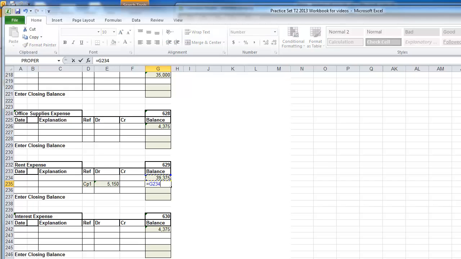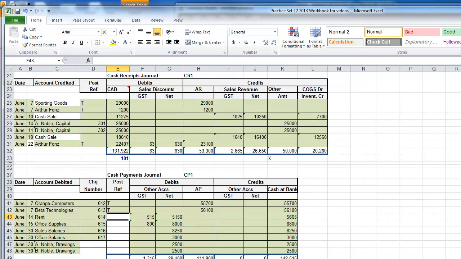So our rent was nearly 40,000 before the month, we paid another 5, so it'll be nearly 45,000, well 44.5. The date, rent for June, the date is 15th, and then salaries on the 30th.